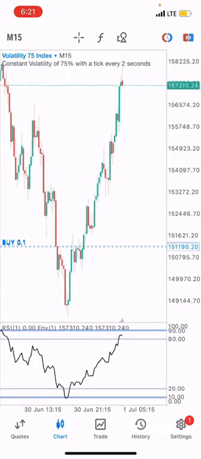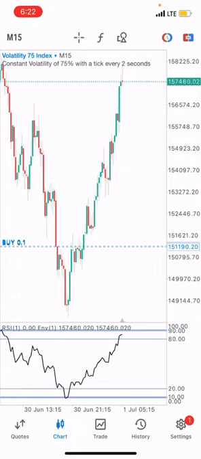The same thing applies to the 1 hour too. If you do your analysis on the 1 hour time frame, find your entries on the 5 minutes time frame or sniper entries on 1 minute time frame.